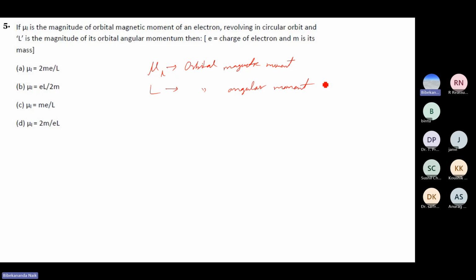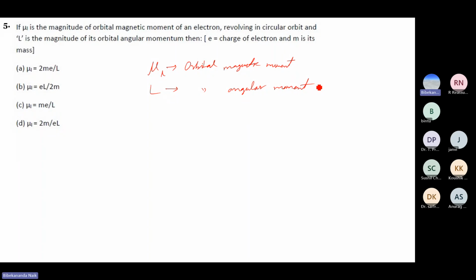Yes, can anyone tell me what will be the relation?